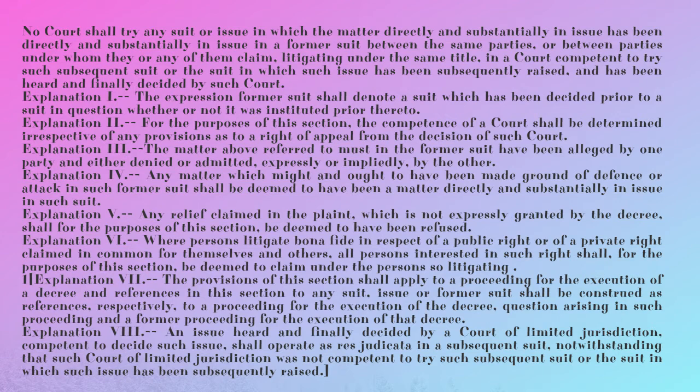Later on, somebody cannot say that the court which has given the decision had limited jurisdiction. It cannot be said like this later on. So this is what section 11 says.